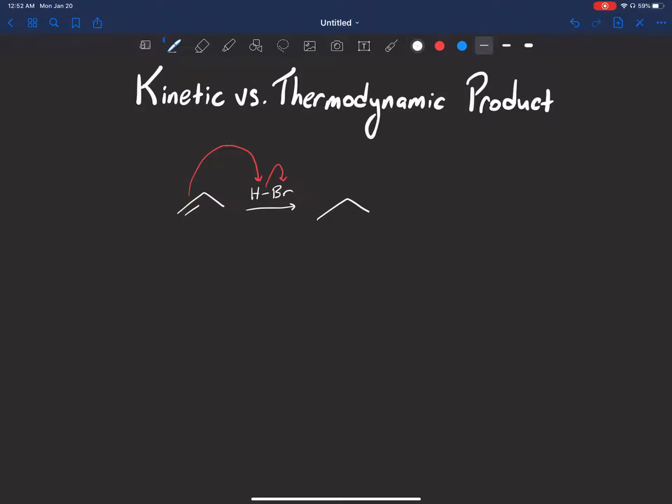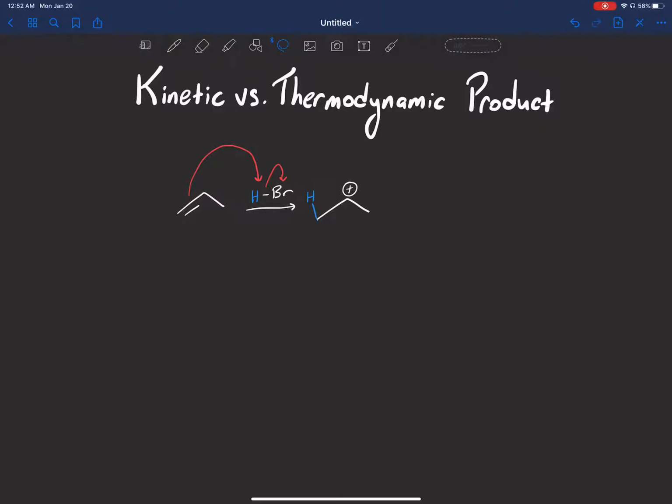Now remember, we always want to generate the most stable carbocation. So it's a choice between this carbon and this carbon. We're going to pick the middle one because it's more substituted. That H that we added, I'm going to change it to look blue and put it up here.